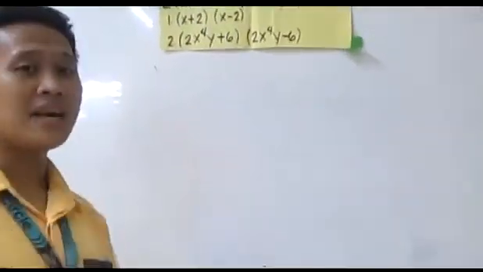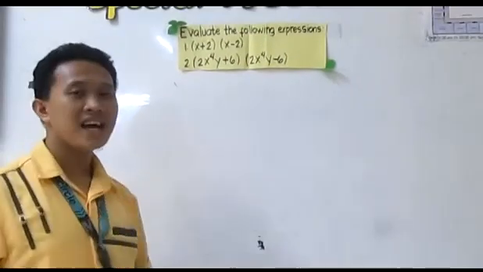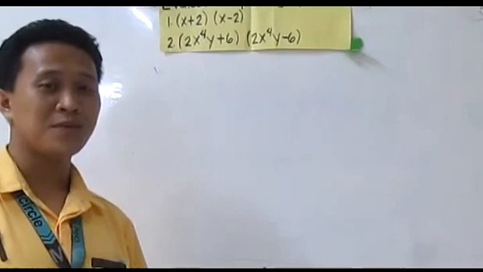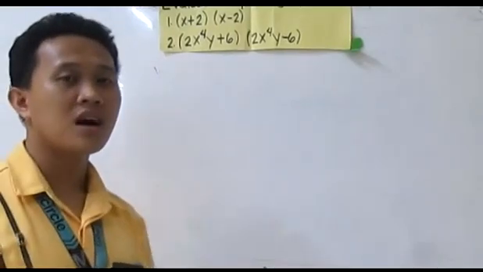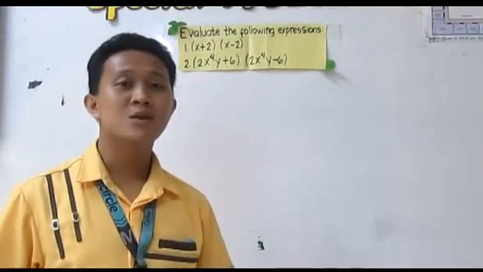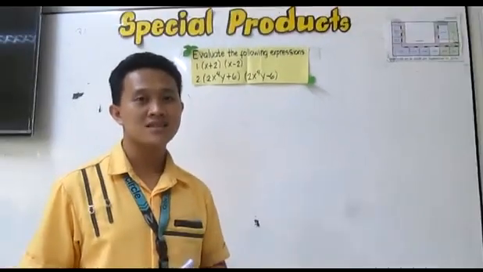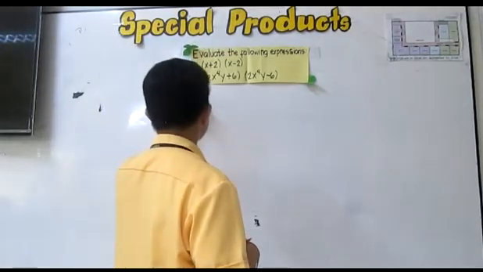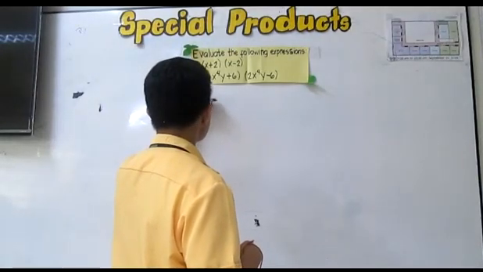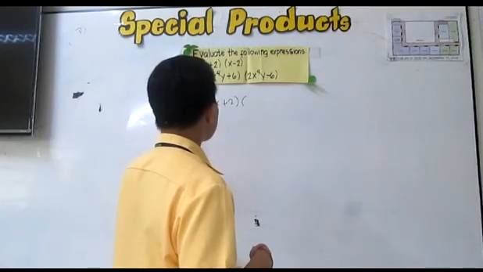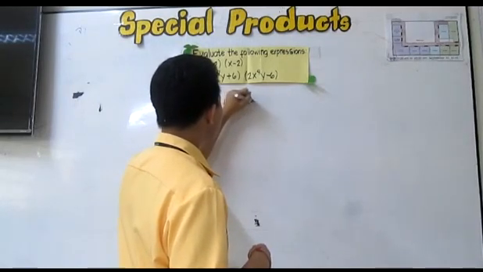Example number 1, we have quantity x plus 2 multiplied to quantity x minus 2. Remember that in a product of a sum and difference, we are just going to square the first term subtracted by the square of the last term. So we have x plus 2 multiplied to quantity x minus 2.